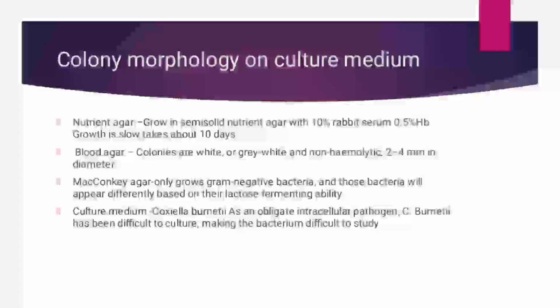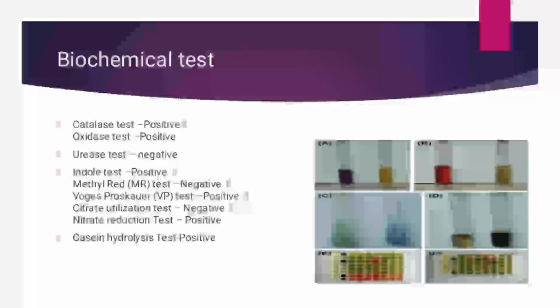MacConkey agar only grows gram-negative bacteria, and those bacteria will appear differently based on their lactose fermenting ability. Culture medium: Coxiella burnetii is an obligate intracellular pathogen. It has been difficult to culture, making the bacterium difficult to study.